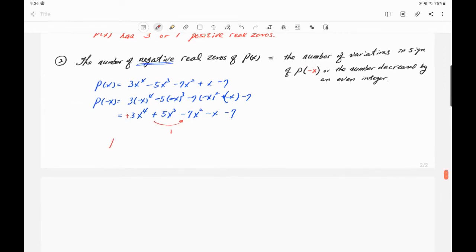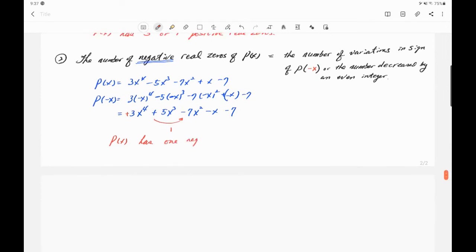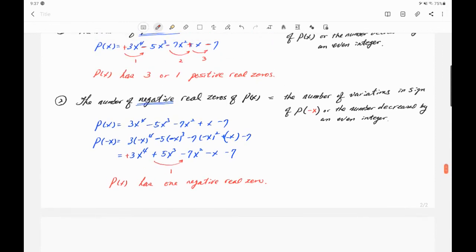So P of x has one variation in sign, so it may have one negative real zero. One minus 2 is negative, so we can go only up to this one. So it may have one negative real zero.